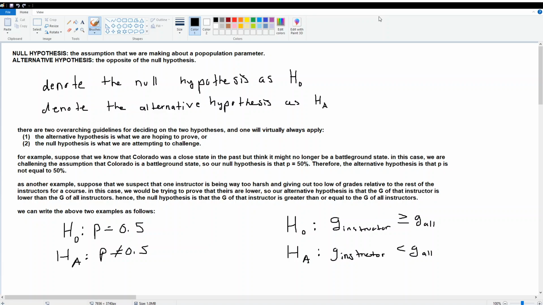That's the general idea. If you have an idea or a hypothesis that goes against what we already think is true, that's what you're trying to prove. The onus is on you. So in this case, if we're hoping to prove that something else is true, we make that our alternative. Put another way, we might have some general consensus, maybe some sort of alleged common sense or conventional wisdom that you think is wrong, and so you want to disprove it.